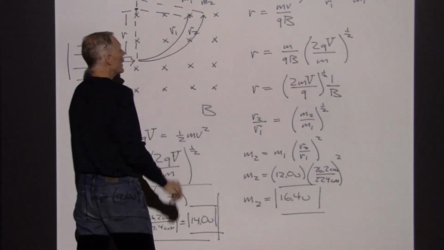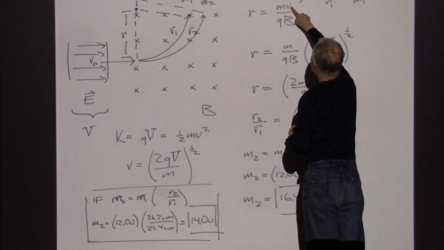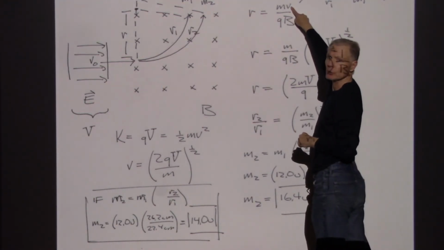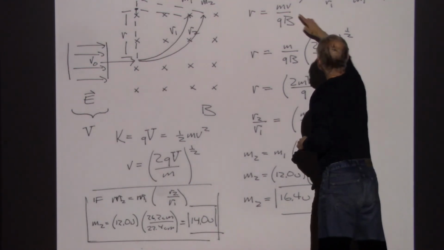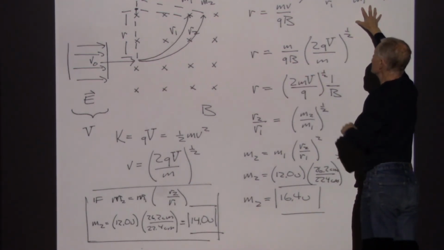Okay, yeah, let's move over here. I did this 2 different ways. So first of all, I used their assumption and said if there's a velocity selector, the velocity selector is going to make sure that all the ions coming through are moving at the same speed.